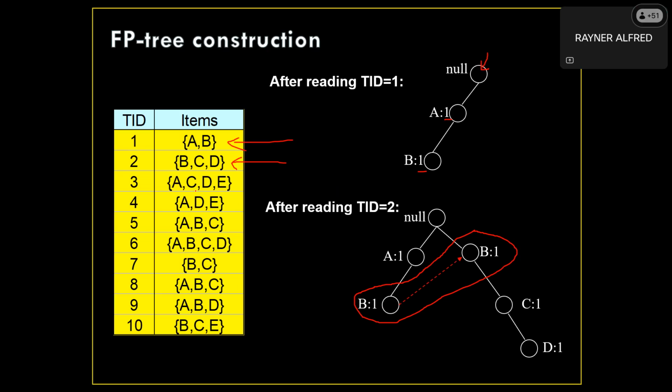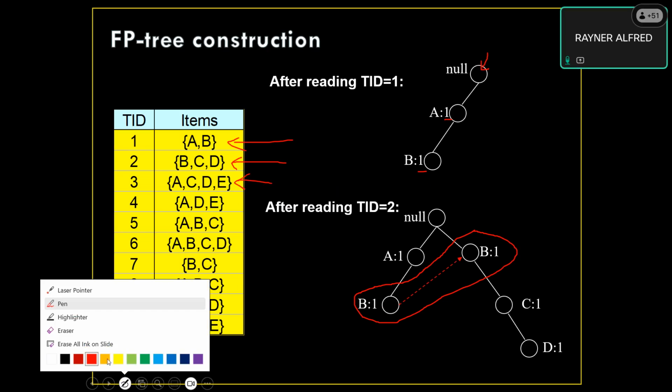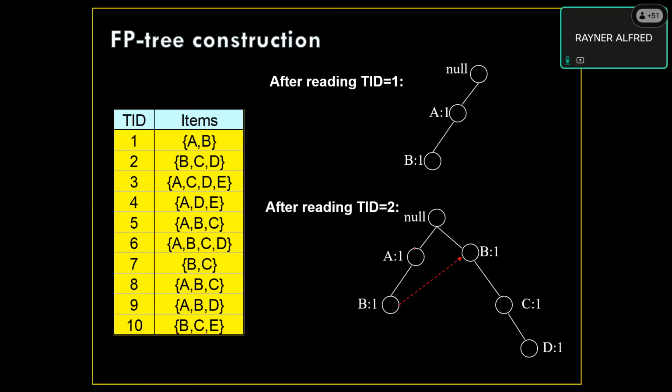Okay, next. A, C, D, E. So when we start from here, we have A, so we update this one to A2.